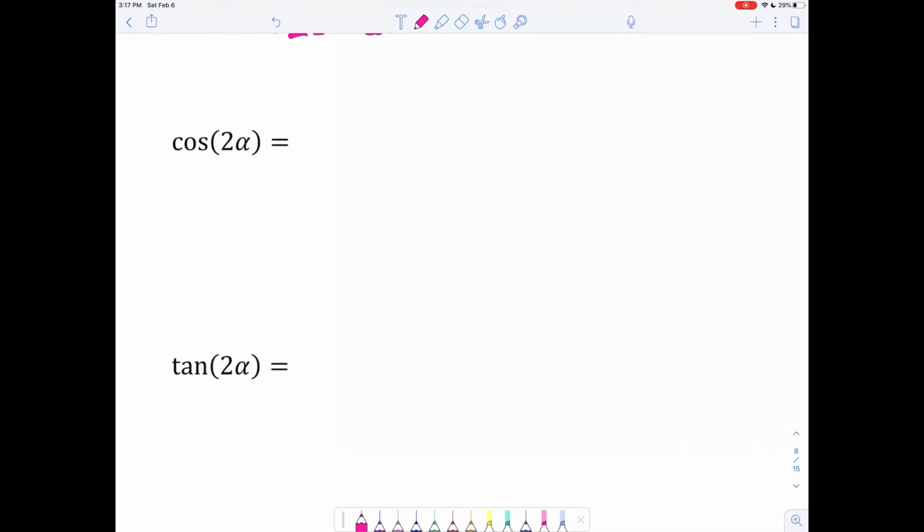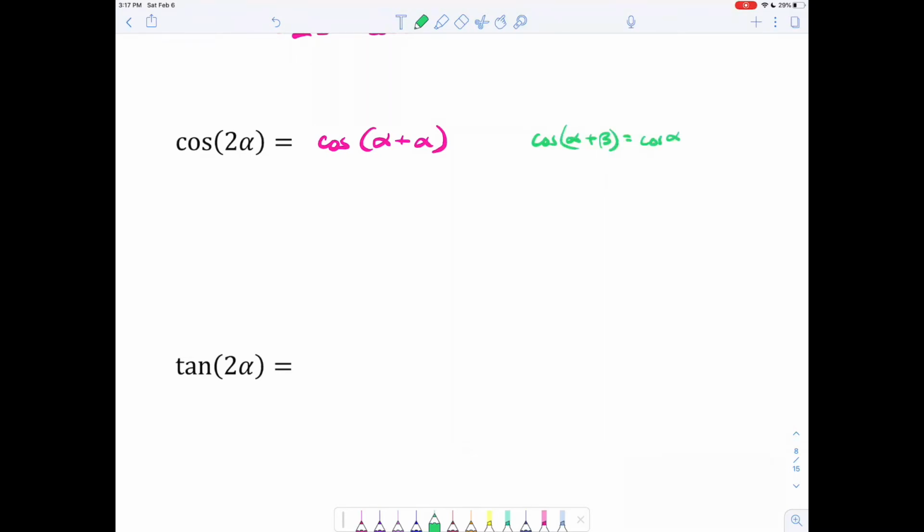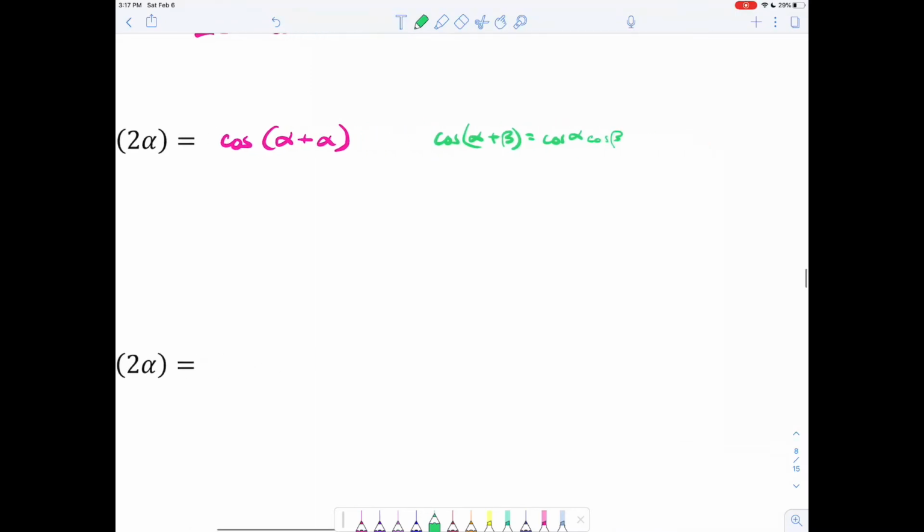Hopefully you've paused and now you're starting again. That's what I'm going with. And then, since cos of alpha plus beta is cos alpha cos beta minus sine alpha sine beta, I'm just going to take this and replace all the betas with alphas like that.